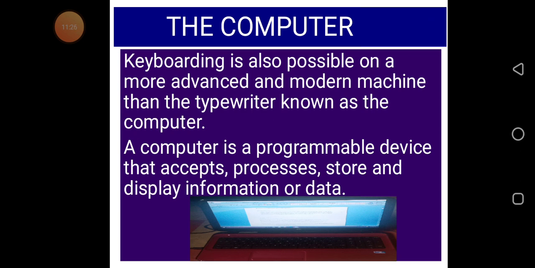But with this advanced machine, that's the computer, okay, we can not only accept, we can process and store information or data. And anytime you need them, it can be displayed.